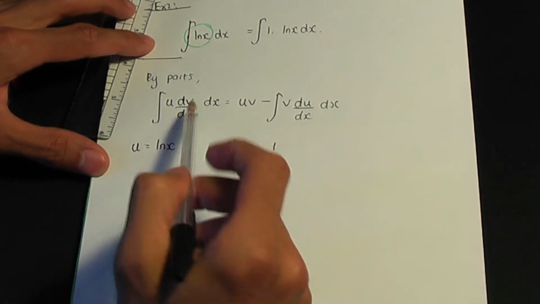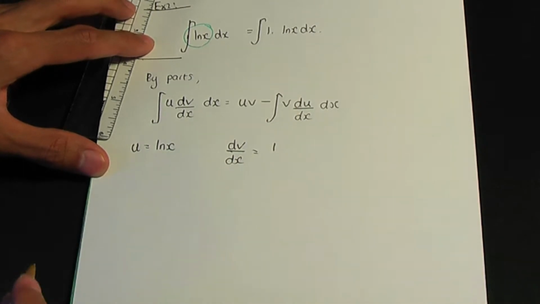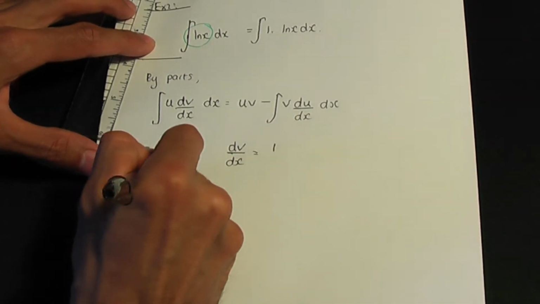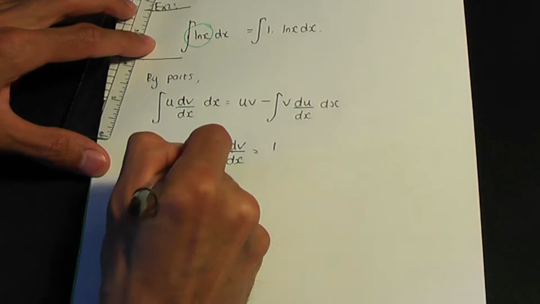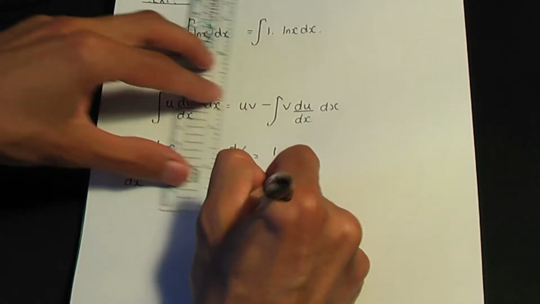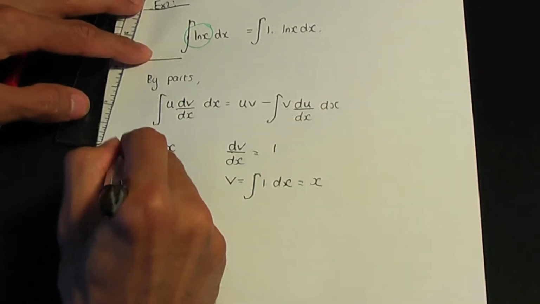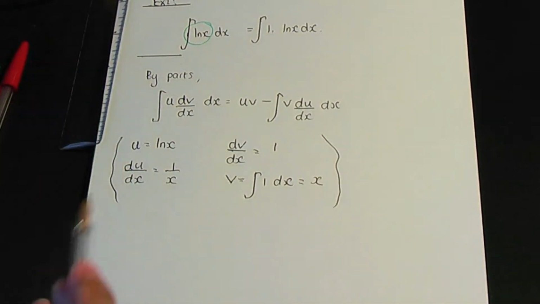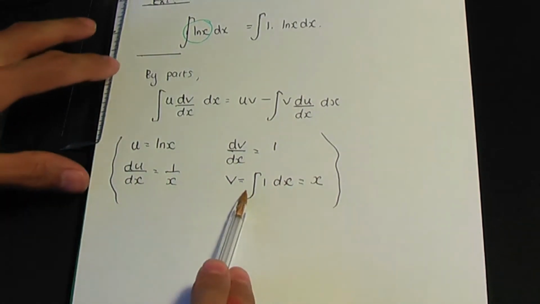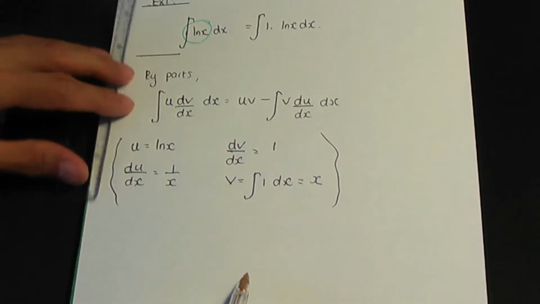Okay. So for by parts, I need du over dx as well as v. So du by dx, when I differentiate, it's 1 over x. V on the other hand, when I integrate 1 with respect to x, answer is x. Okay. Remember, do not add c when working out v. We'll add c at the final stage. Okay.